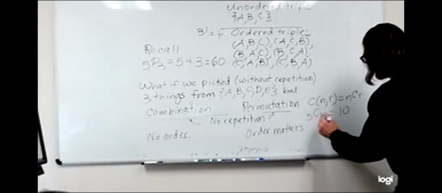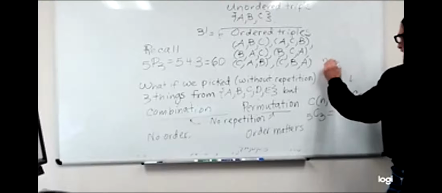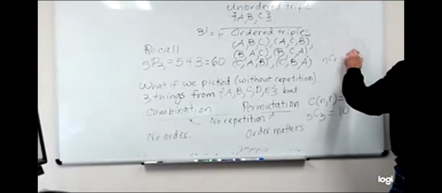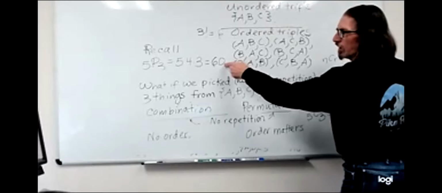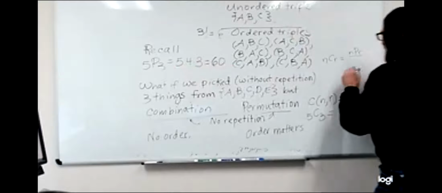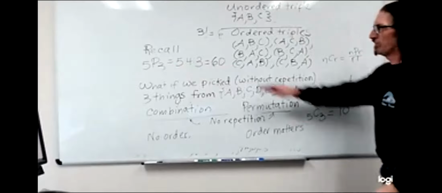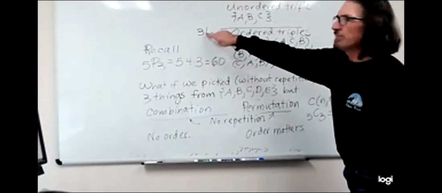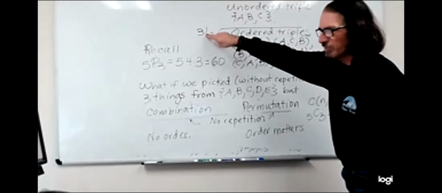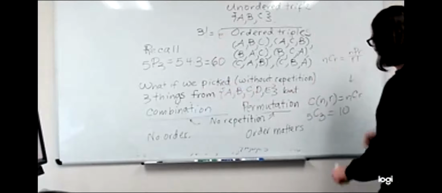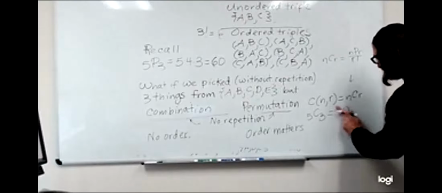The one I prefer is to find out how many permutations there are and then divide by R factorial. If I went from that 60, divide by this, that's dividing out the ordering of the triples to get 10 unordered triples.